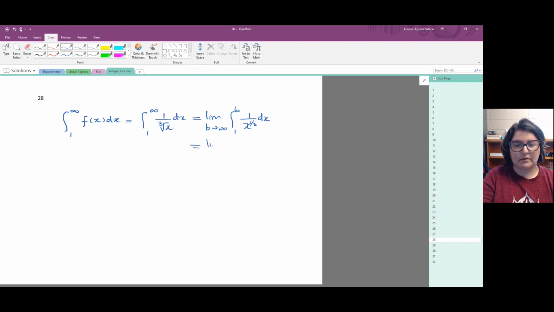So we're working with the limit of the integral from 1 to b of x to the negative 1/3 dx as b goes to infinity.